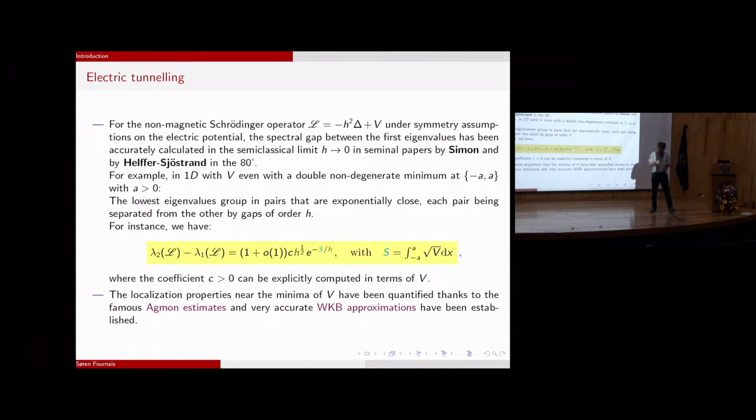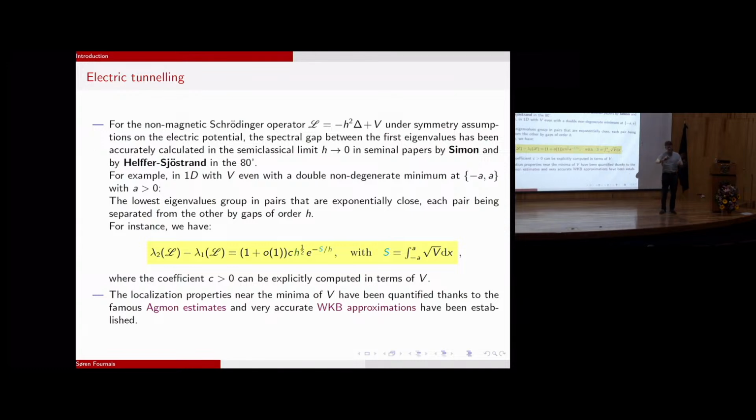Because if you imagine that the separation between my wells is infinitely high, or in other parameters, you imagine that you have one well here and the other well, and you allow it to move away to infinity, so they're infinitely separated from each other, then you would have a spectrum which is exactly 2 copies of the one well spectrum, right? And so therefore, you would have eigenvalues with multiplicity 2, because each eigenvalue that I see in this well, I would also see in the other well.